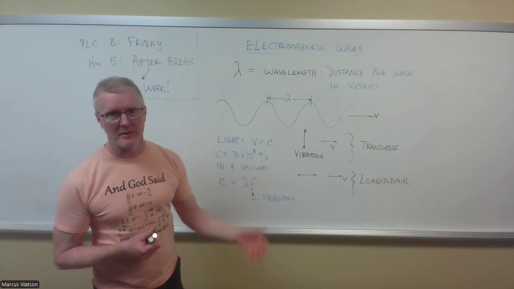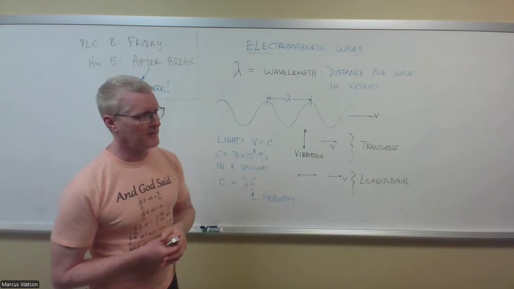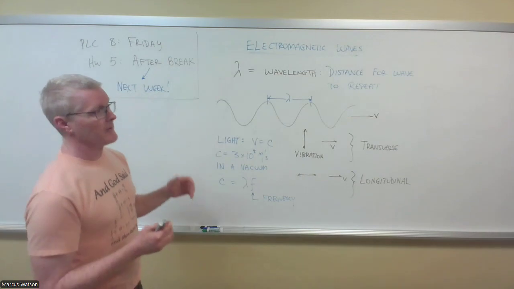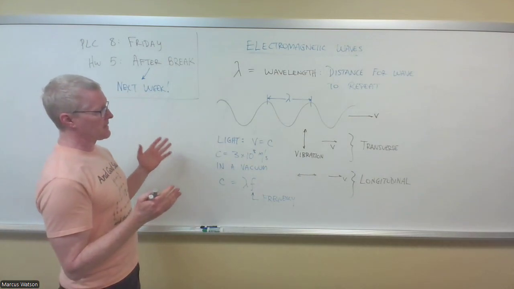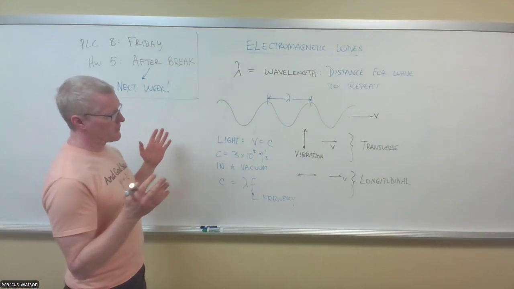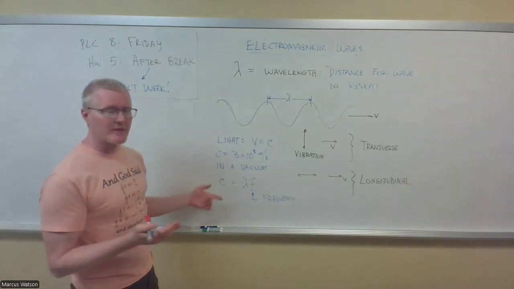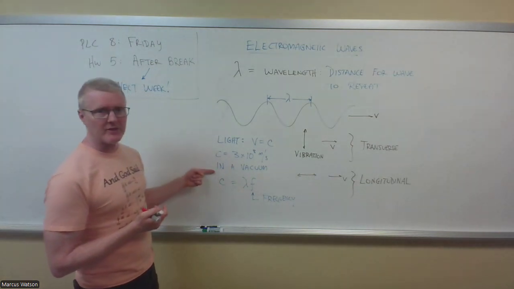A millionth of a billionth, well, you've got something like gamma rays at that point. So regardless of frequency or wavelength, they travel at this speed in a vacuum.